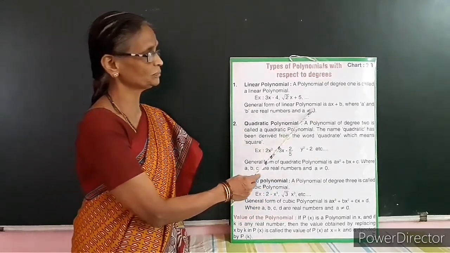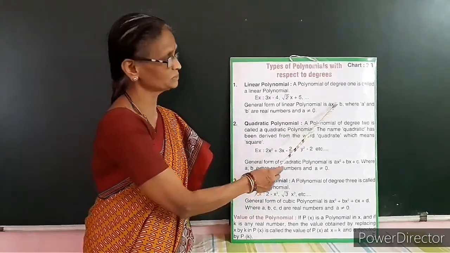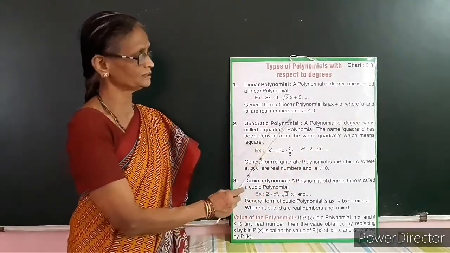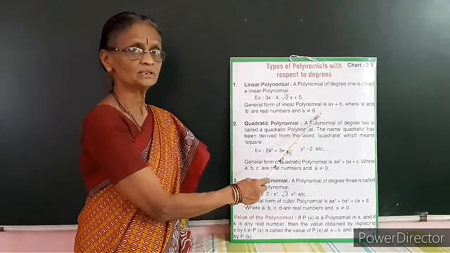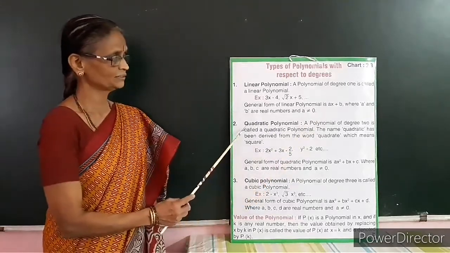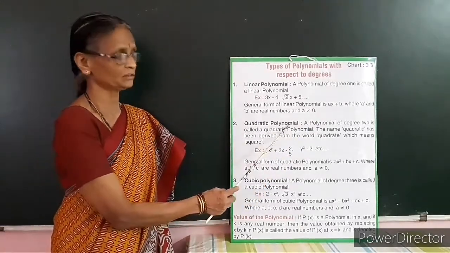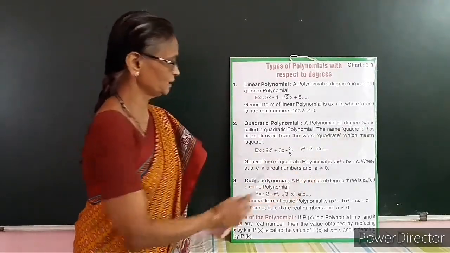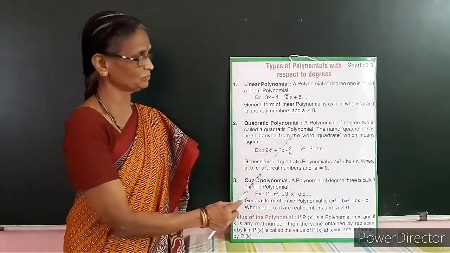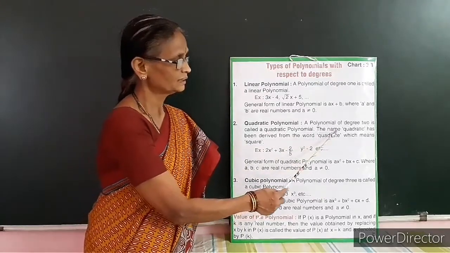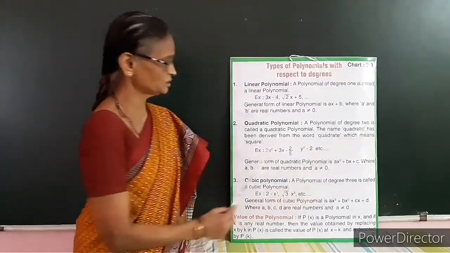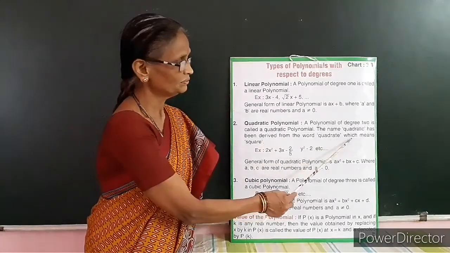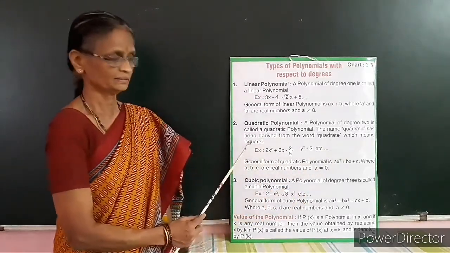General form of the linear polynomial is ax plus b, where a and b are real numbers and a is not equal to 0. The second one is quadratic polynomial. A polynomial of degree 2 is called a quadratic polynomial. The name quadratic has been derived from the word quadrat, which means square.